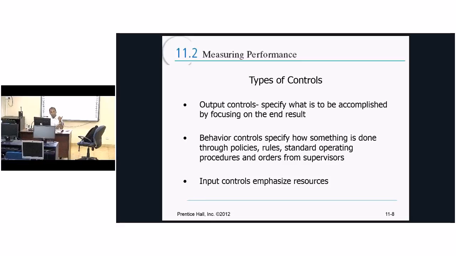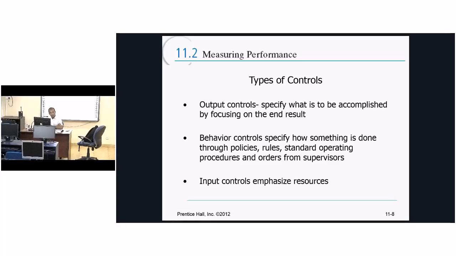So likewise, that's the input control. Now, this is mainly done, especially for knowledge workers, because you cannot really measure the output of a knowledge worker. If you have an accountant or a finance manager, you cannot simply measure the output of the accountant. Output of your general manager cannot be measured.